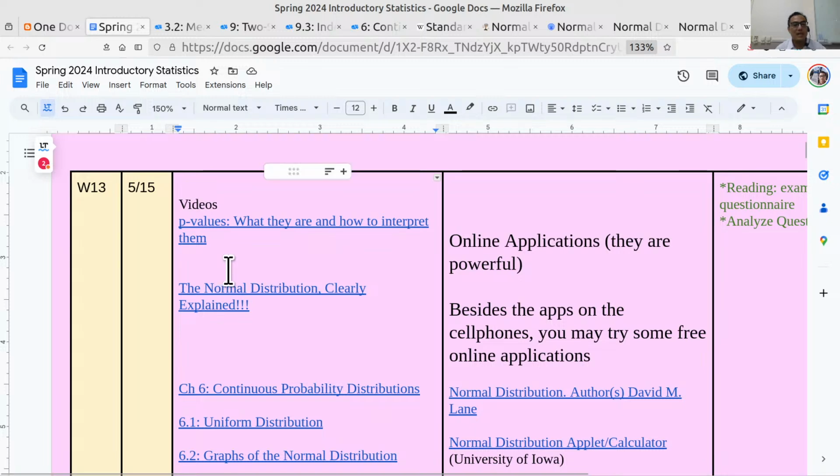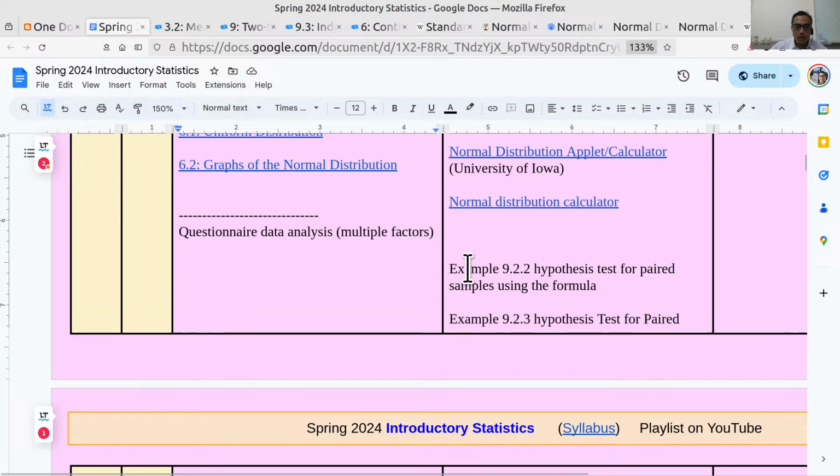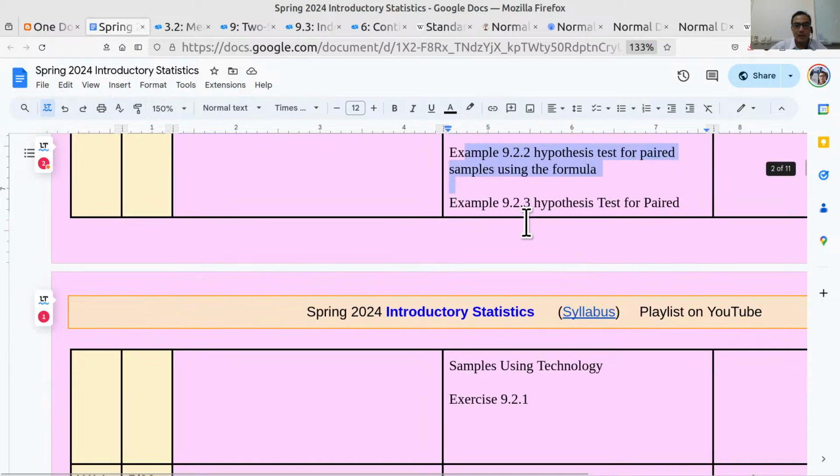Now we can practice the part we discussed last week, examples from 9.2 and 9.3 about the t-test. Then we will go back to the normal distribution. I know the teaching sequence is usually different: we learn the probability theories, then the normal distribution, then the t-test, then the p-value.